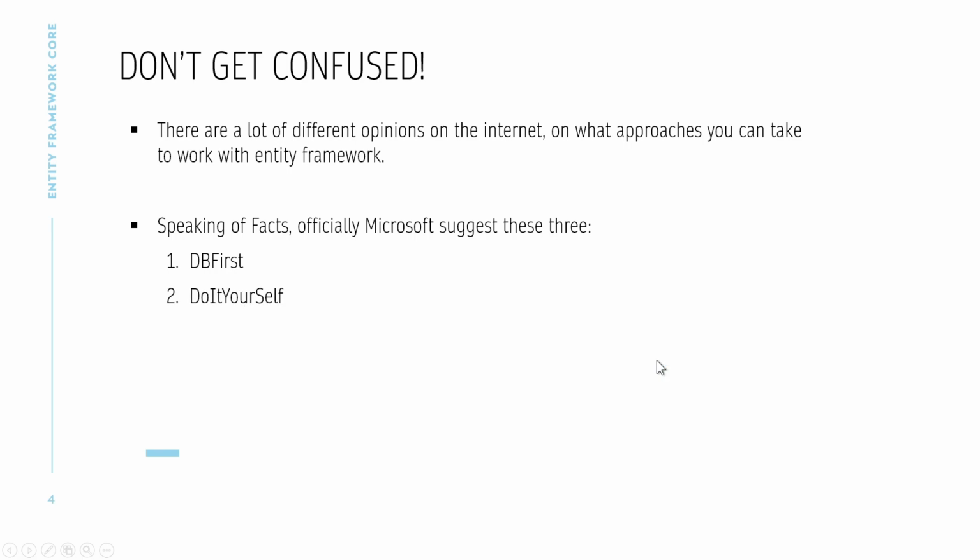The second one is do it yourself. We will talk about it later. The third one is code first approach, in which you create C# classes which are called models, which helps you to create the database based on those models.